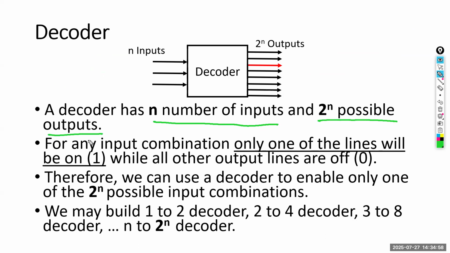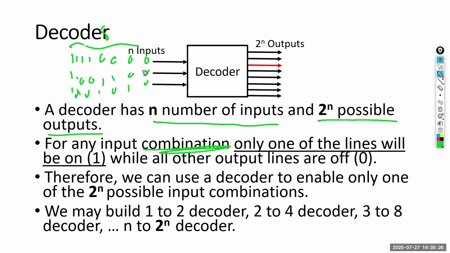So then what is the behavior? The behavior of a decoder is, for any input combination, from all 0 to all 1, like 0 0 0, 0 0 1, 0 1 0, 0 1 1, 1 0 0, 1 0 1, 1 1 0, 1 1 1, so there are 8 possibilities if it is 3 inputs.